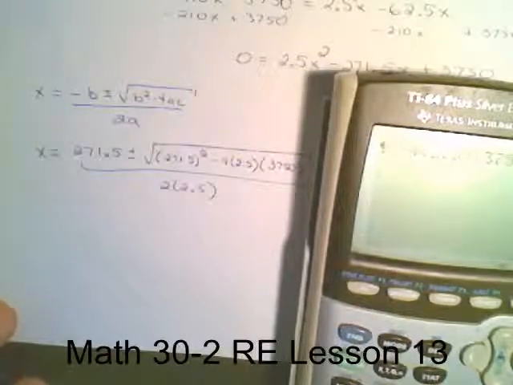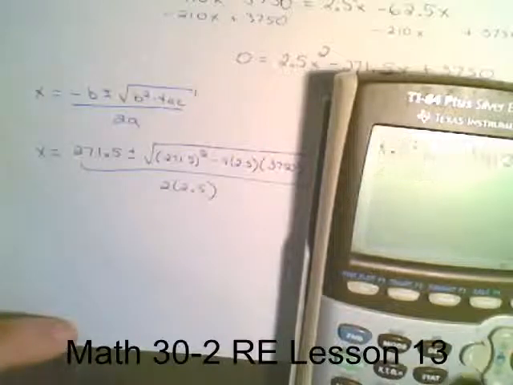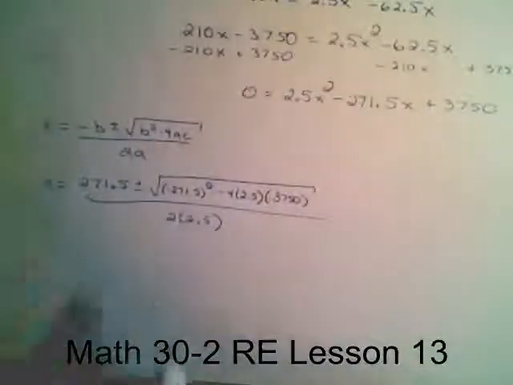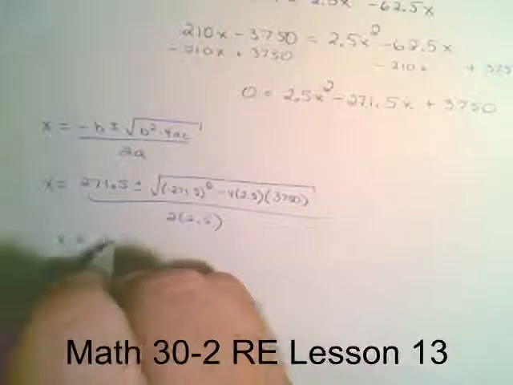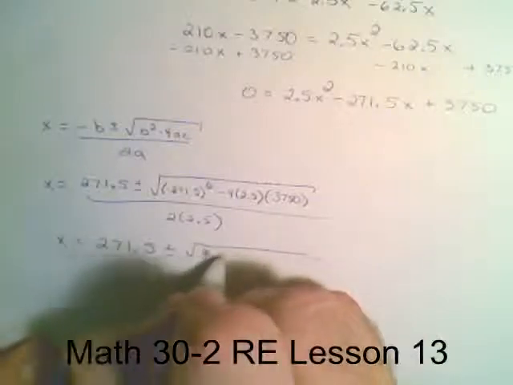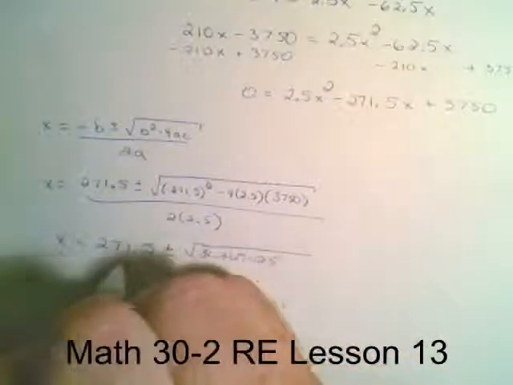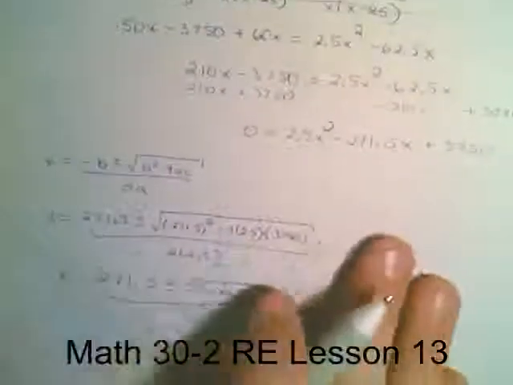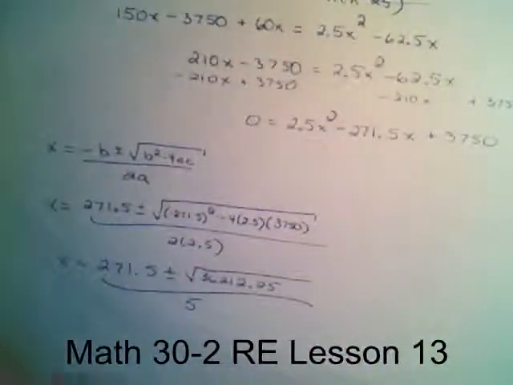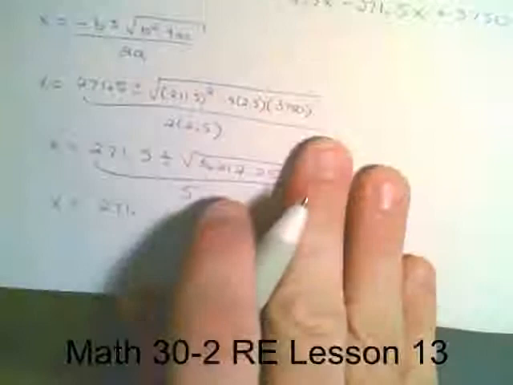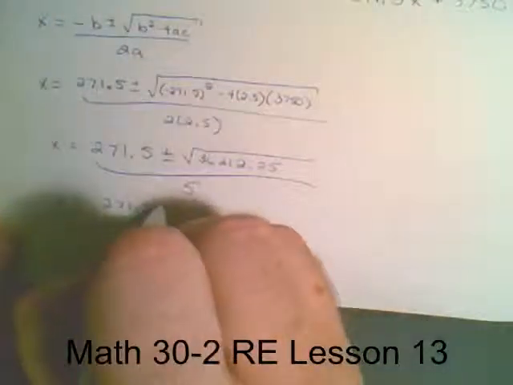Working out what's inside that square root, I'm going to type it in: bracket negative 271.5, close bracket squared, minus 4 times 2.5 times 3,750. Sorry, negative 271.5, square that, it's going to be 36,212. So I'm going to get x equals 271.5 plus or minus the square root of 36,212.25, all divided by 2 times 2.5 is 5.